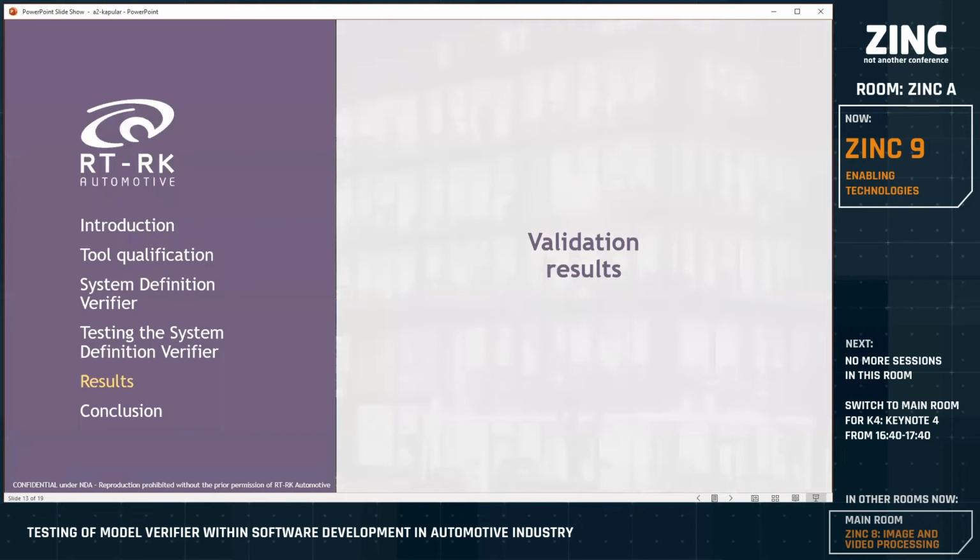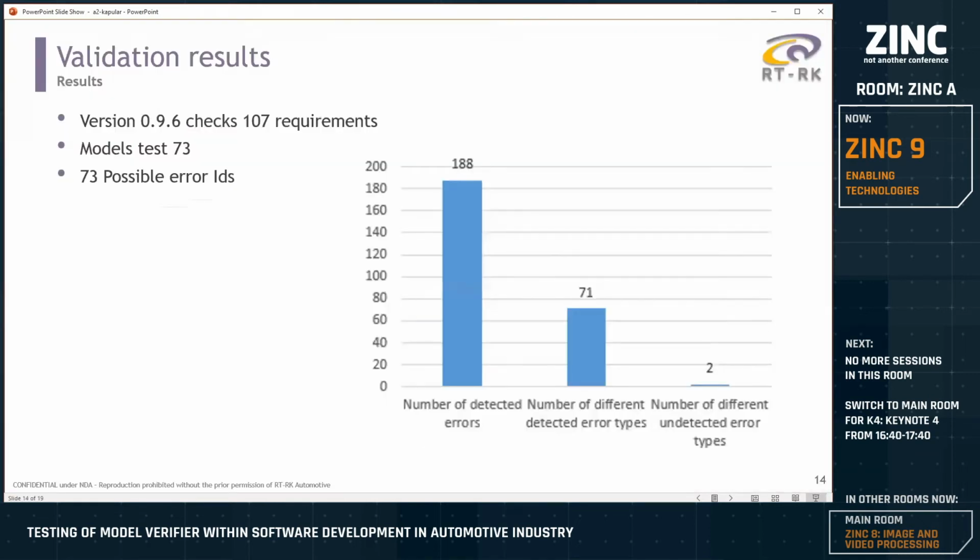So what are the results of our testing? Version 096 checked 107 requirements defined in the system definition guide. The models we created were supposed to test 73 of those, so not all of them. The 73 requirements meant that we could get 73 possible different errors with different error IDs during our tests.